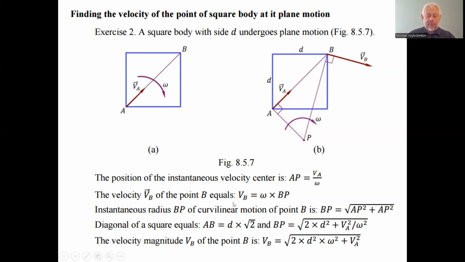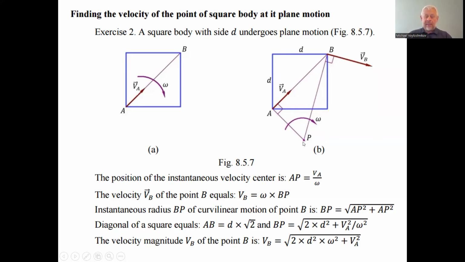The velocity VB of the point B equals the product of omega, the angular velocity, and the size BP, the instantaneous radius of the curvilinear motion of the point B. BP equals the square root of the sum of squares in a right angle triangle: the diagonal of this square is one leg, plus the squared second leg.